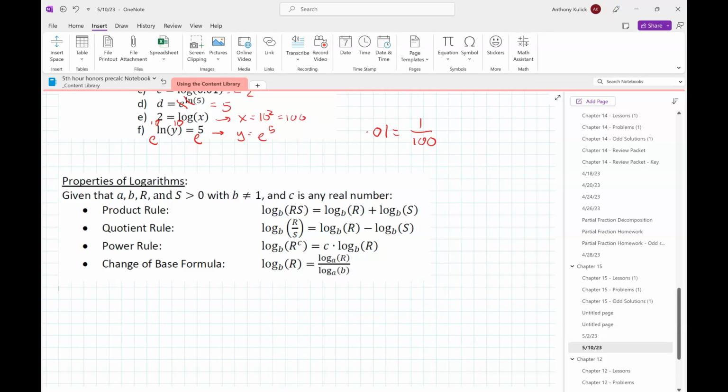You had to use the change of base formula to rewrite that as like, log of 10 over log 3. Go to the back of the textbook that had a table of logarithms in it. Look up what the number for log base 10 or log of 10 and log of 3 was. Type those numbers into your calculator and do the division. Which sounds like a nightmare, right? That's what math looked like.